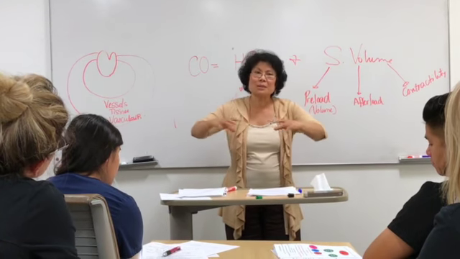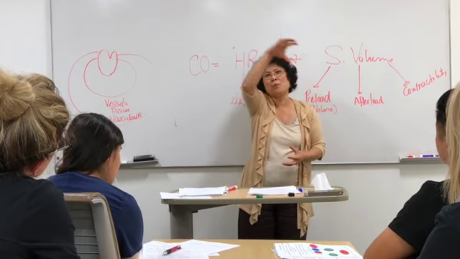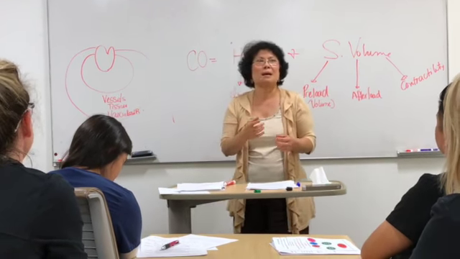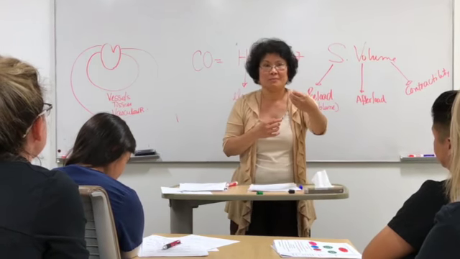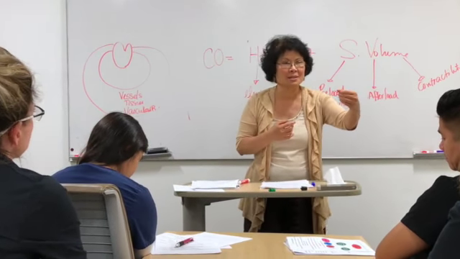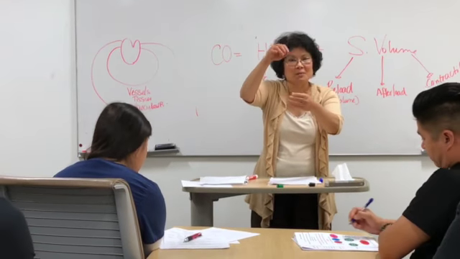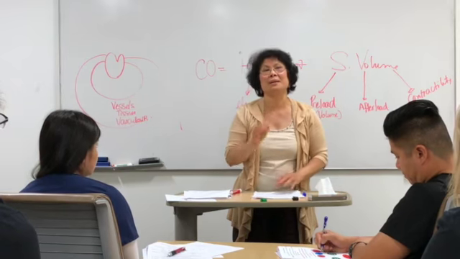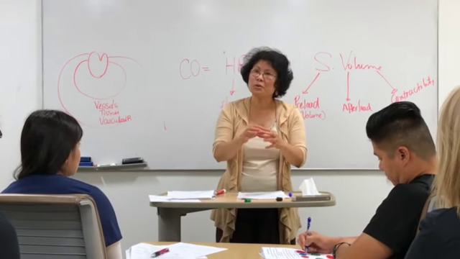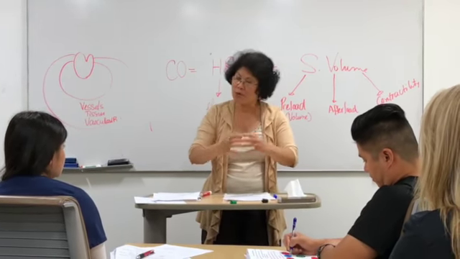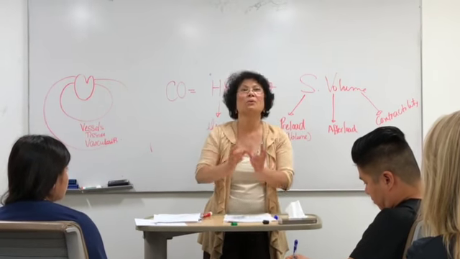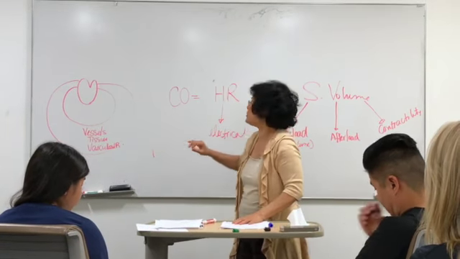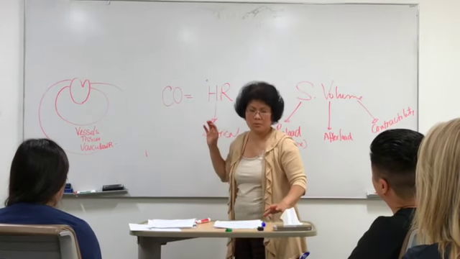So the more you expand, the more you lengthen, the more volume is accommodated in the ventricles. A good example is if you put an empty balloon on a faucet and then you open the faucet, water fills up, the balloon expands. The same thing in the heart. The more water you put, the more the balloon expands, the more volume it can accommodate. So this is the same theory on the preload.